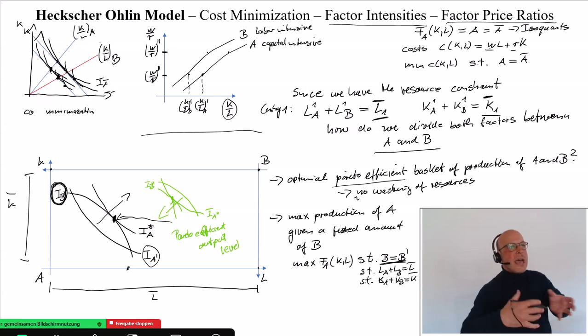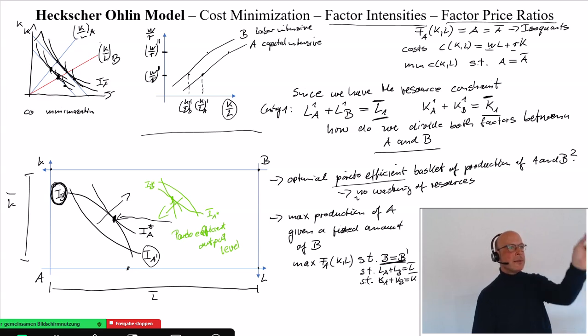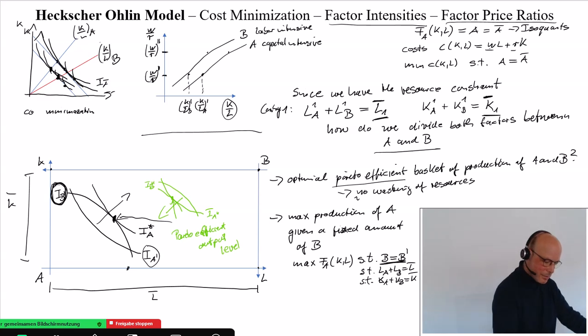This we have to do for all possible situations. So in the end, we are looking for all possible points in this graphical representation where the isoquants of A and B are tangent. So maybe here would be one, or downward here, or upward here.